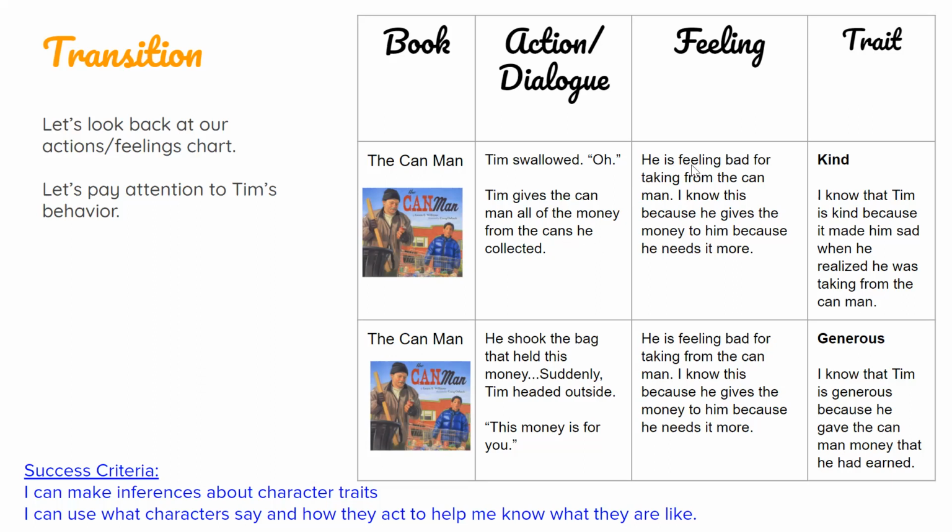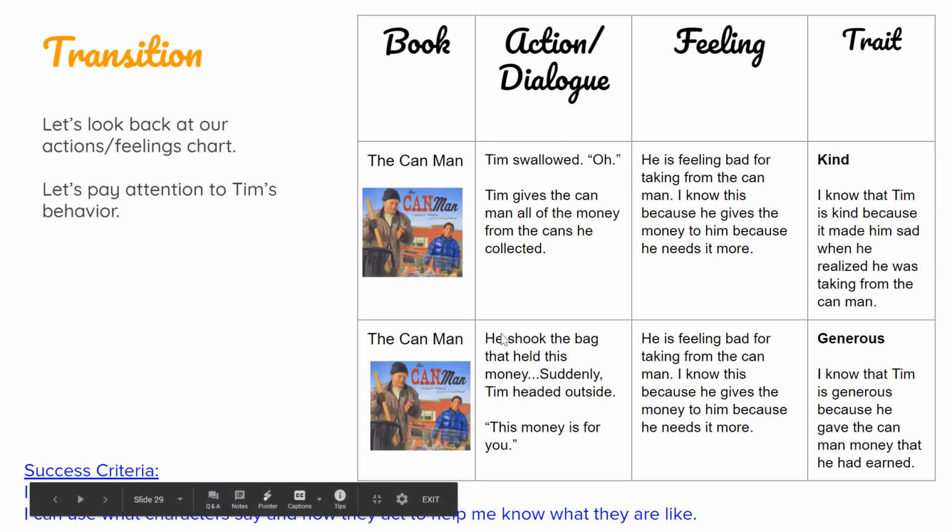Tim was feeling guilty for taking from the can man. I know this because he gives the money to him. That one word shows me he felt guilty when he said, "Oh." And this character trait shows me that Tim is a kind person. I know that Tim is kind because it made him sad when he realized he was taking from the can man.